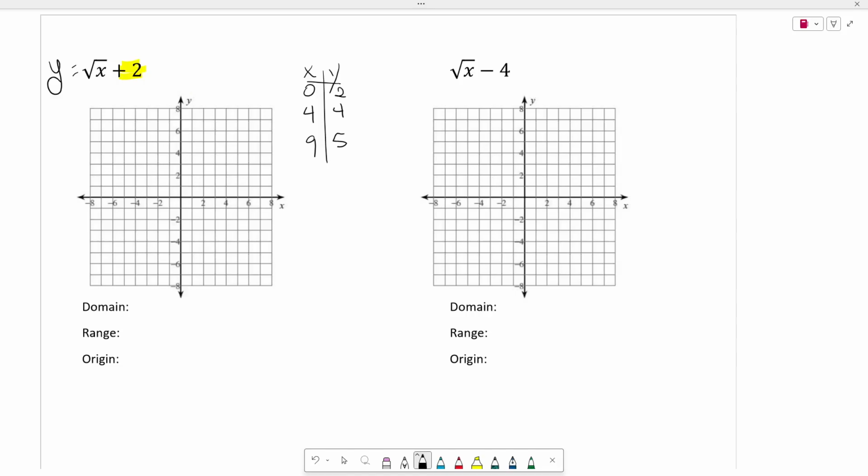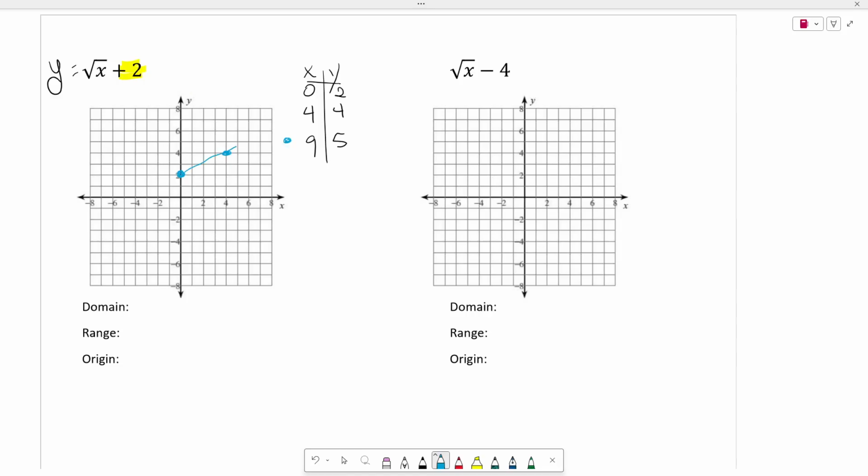So I would start my graph here at (0, 2). Then I would go to (4, 4). And then I would go to (9, 5), like so.